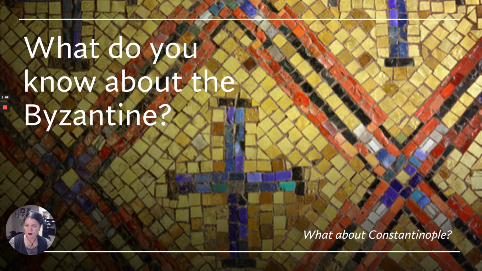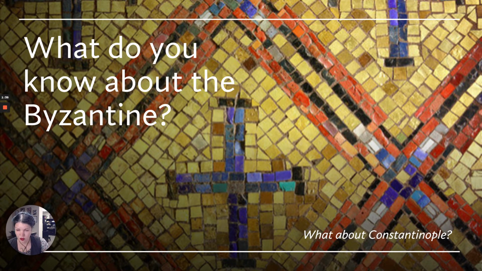Oftentimes people know a few things about the Roman Empire or Egypt or Greece, but a lot of times people just sort of stare blankly at me in my seated sections when I ask them what they know about the Byzantine. It's not maybe as well known of a topic as some of the other ones that we cover in Art History 1.